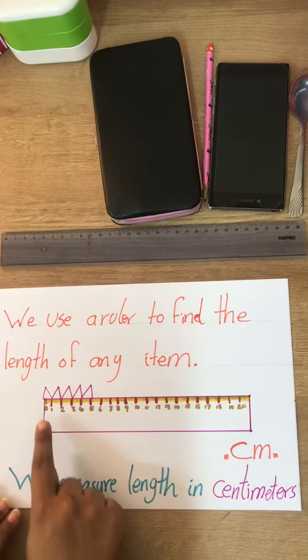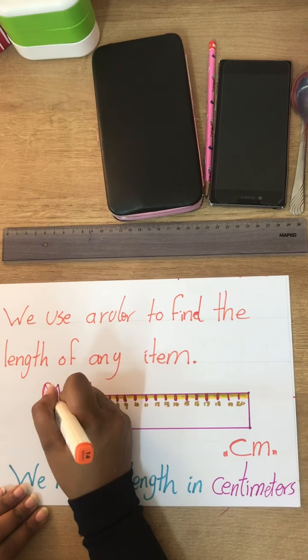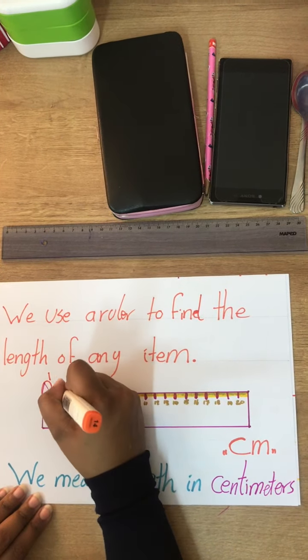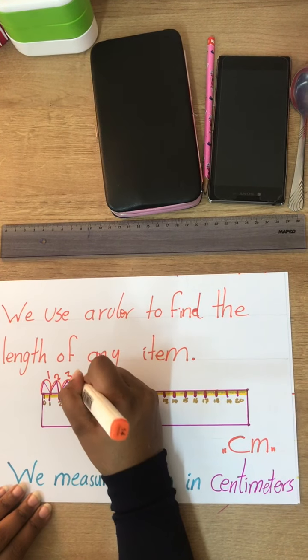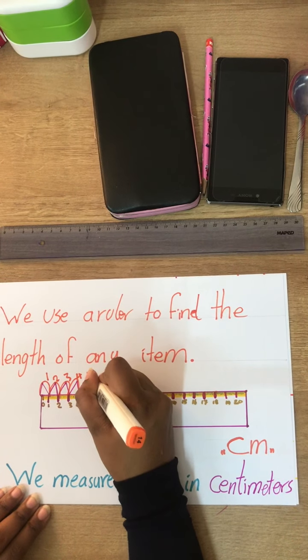Between each number and number, we have a centimeter. We have 1 centimeter, 2 centimeters, 3 centimeters, 4 centimeters, 5 centimeters.